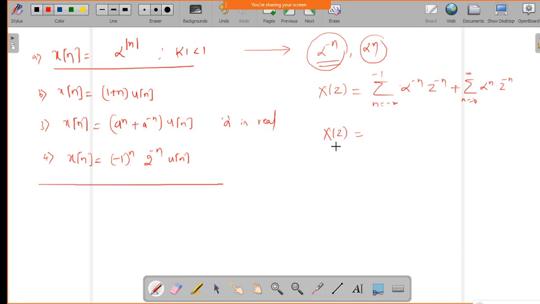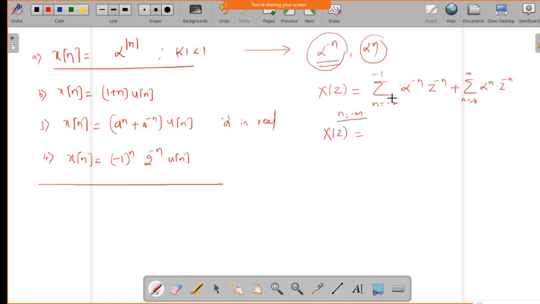Can anybody tell? So now we can modify this. You can take n equal to minus m and modify it, so the sum runs from 1 to infinity of alpha power m, z power m. Yes, sir. So what final answer will you get?